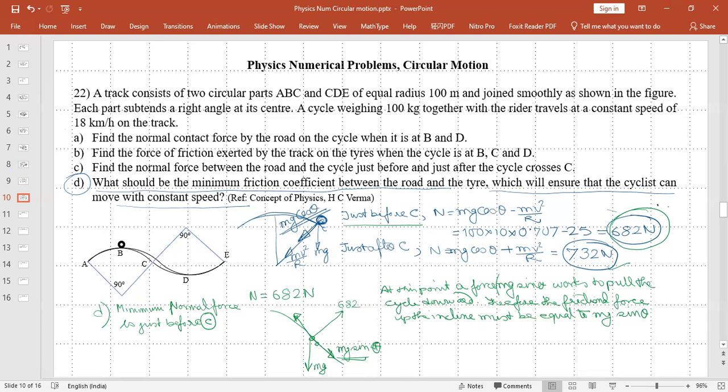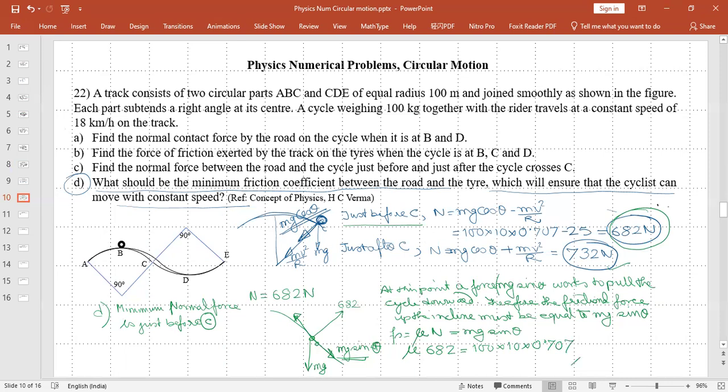And we know Fs is equal to mu multiplied by N, which is equal to mg sine theta. Mu we do not know. N we know, 682, has to be equal to 100 multiplied by 10 multiplied by sine 45 degrees, which is 0.707.